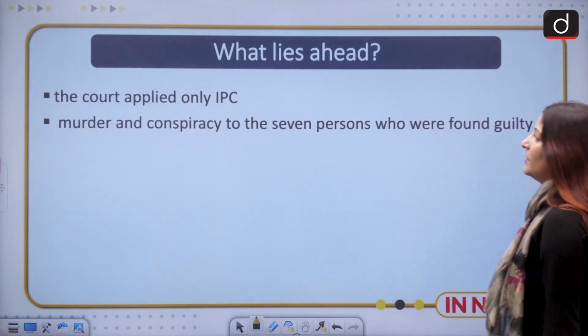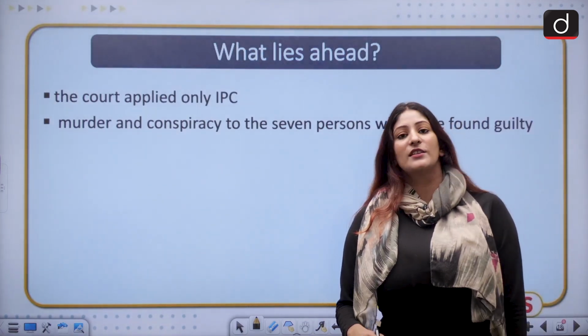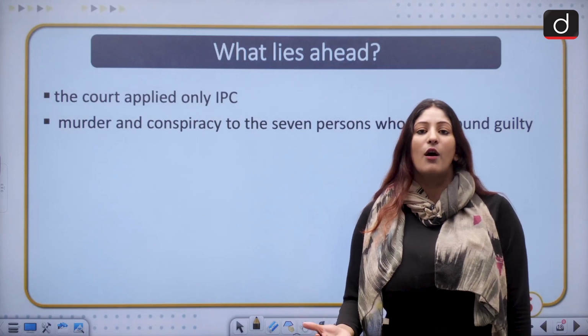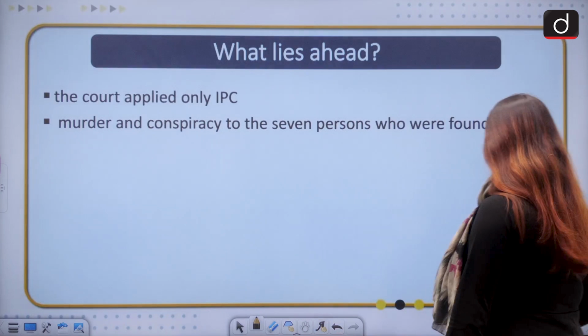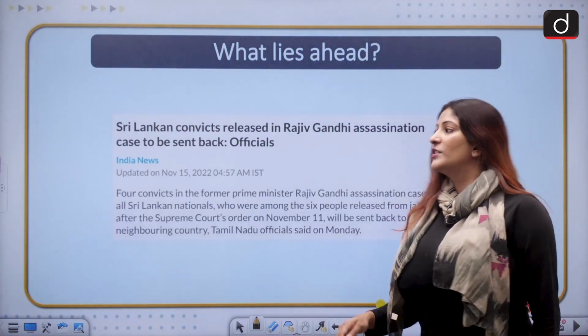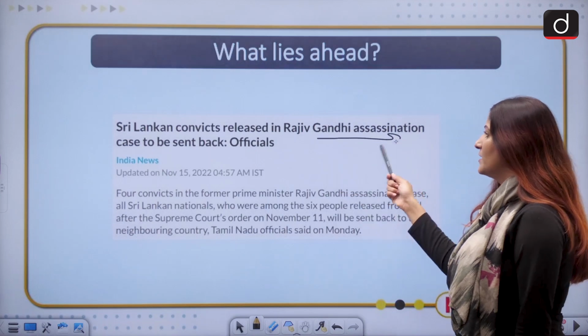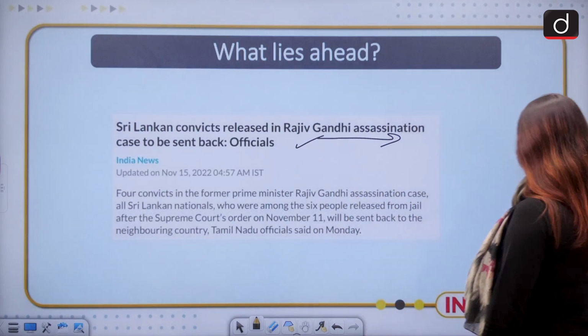Moving ahead. Now the court applied only certain sections of the IPC: Section 302 of IPC, murder, and 120B, which is conspiracy. Moving ahead. Now let's talk about what lies ahead. Sri Lankan convicts released in the Rajiv Gandhi assassination can be sent back to Sri Lanka.